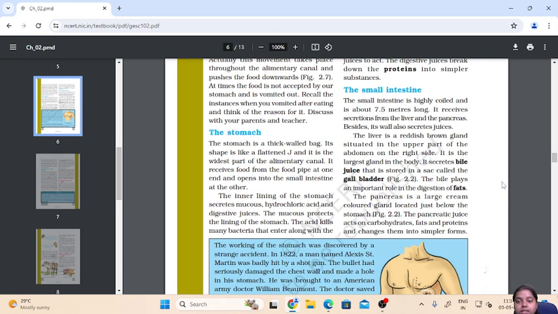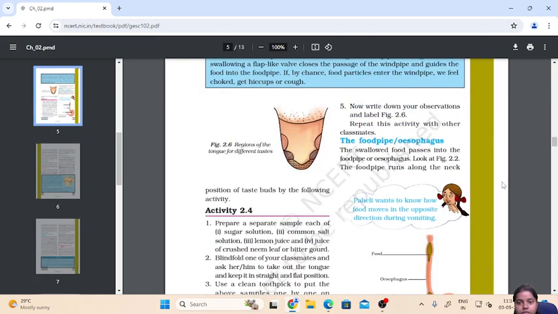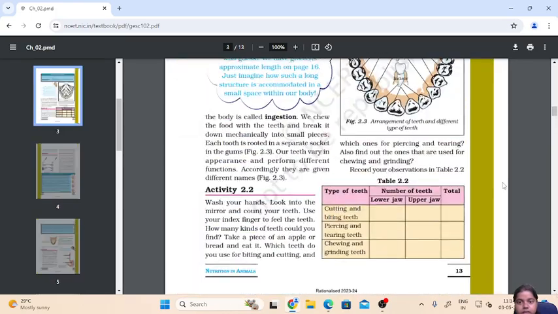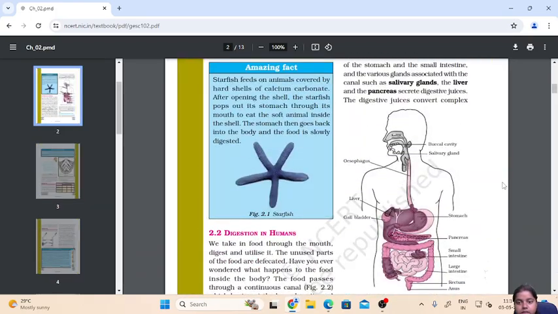The liver is a reddish brown gland. It is not an organ, it's a gland, situated in the upper part of the abdomen on the right side. Let's see it here.